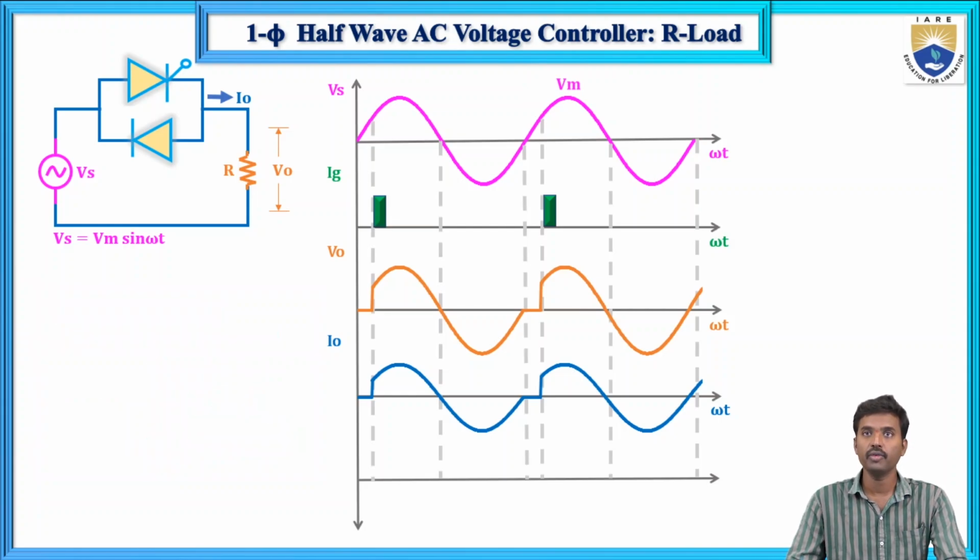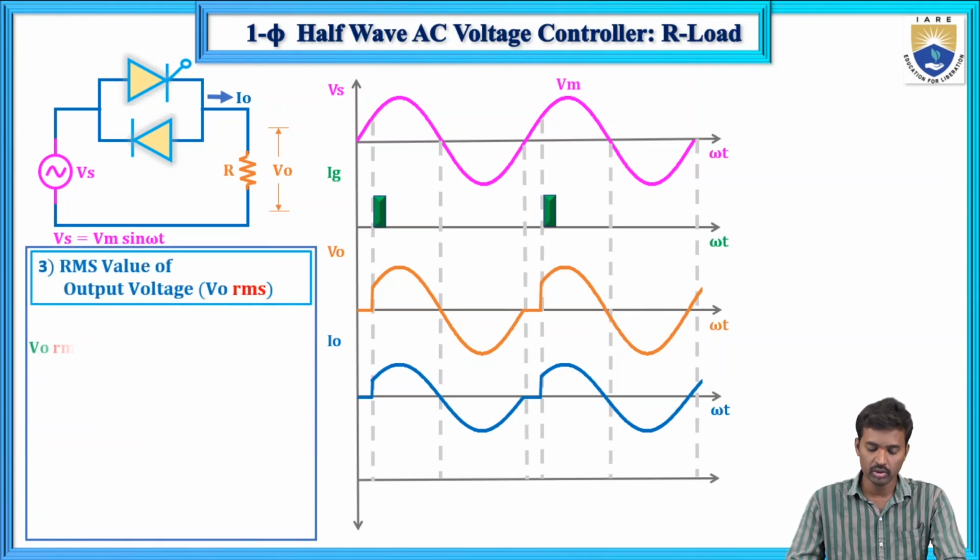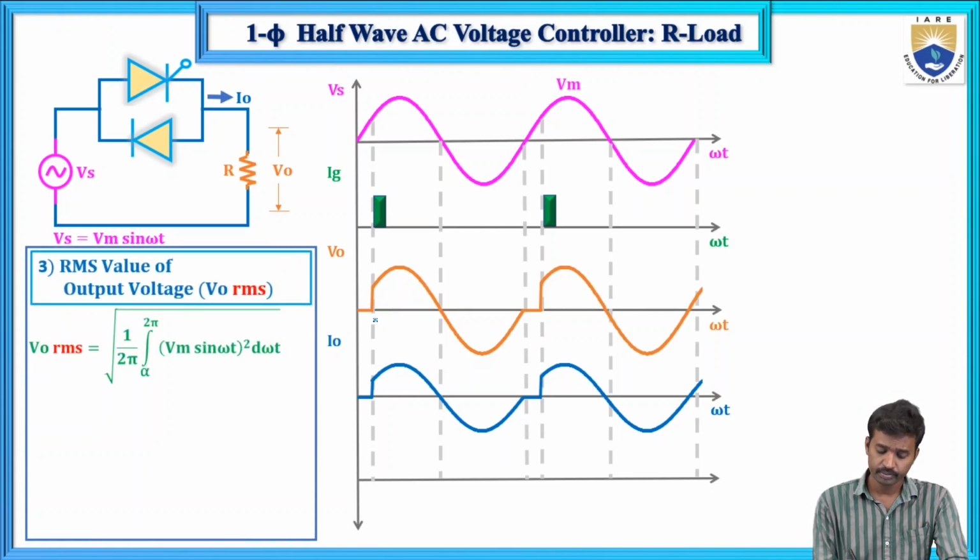Now how do we calculate the RMS value? The RMS value of output voltage is the square root of 1 by the time period, integrated from alpha to 2 pi, of Vs square d omega t, where Vs equals Vm sin omega t.